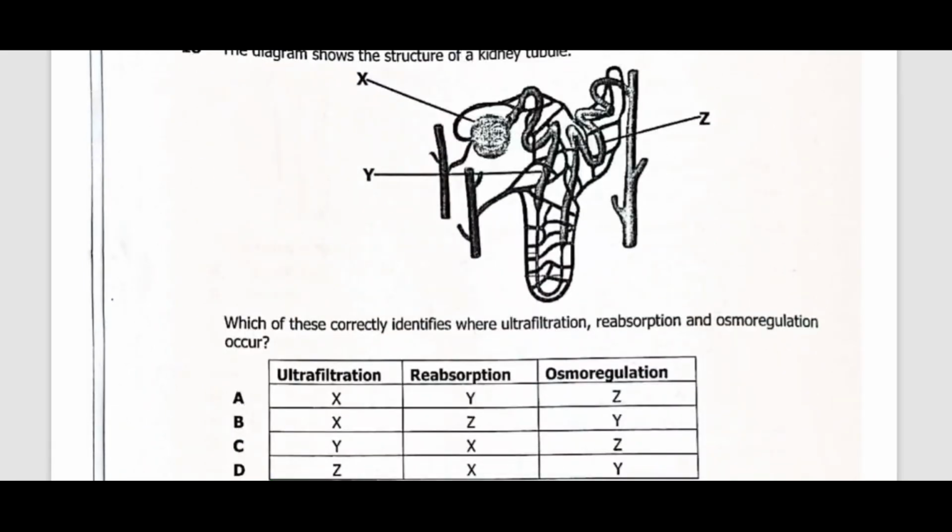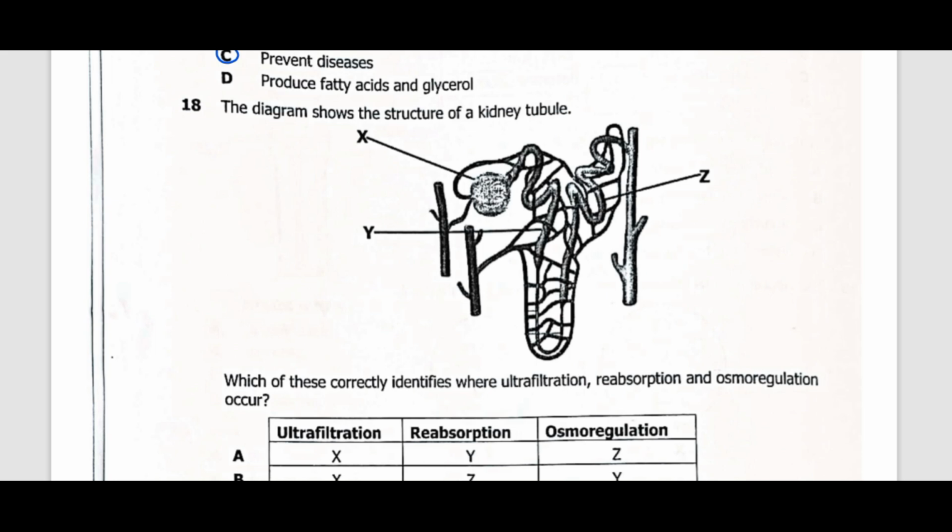Then let's move on to question 18. The diagram shows the structure of a kidney. So the X represents what we call a Malpighian body. The Malpighian body consists of parts like the glomerulus and also the Bowman's capsule.